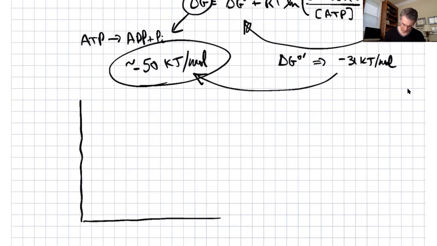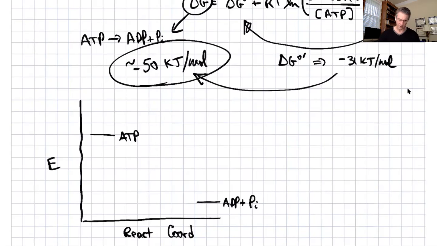Remember, here's our reaction coordinate again. It's our energy. Here's our ATP. Over here is ADP plus inorganic phosphate.